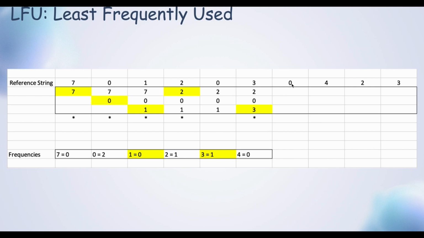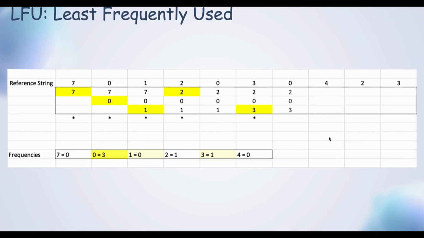And we demand 0 again. Since 0 is already in the cache, we just repeat the previous similar steps, and we again increase the frequency of 0 to 3.